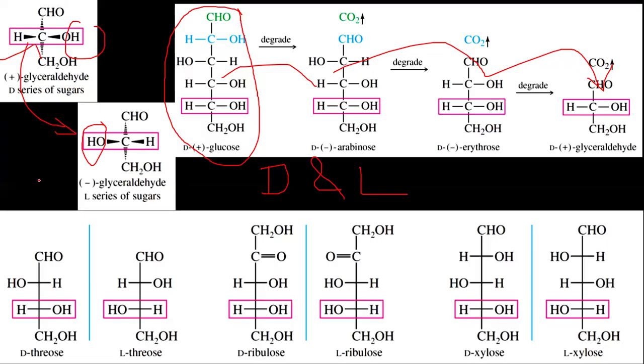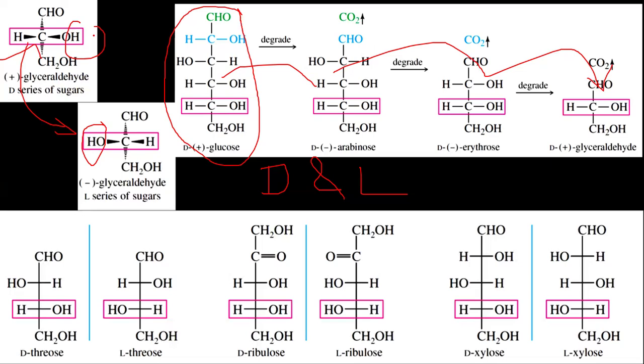So all the sugar molecules, when broken down, if they come to their parent, which is plus glyceraldehyde, that is dextrorotatory glyceraldehyde, we call these sugars D sugars. That is, in a Fischer projection, if the OH group is represented on the right hand side, that is the last stereocenter's OH group, that sugar is called the D sugar.